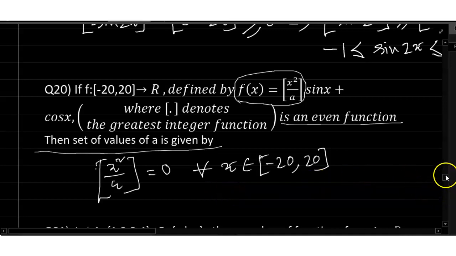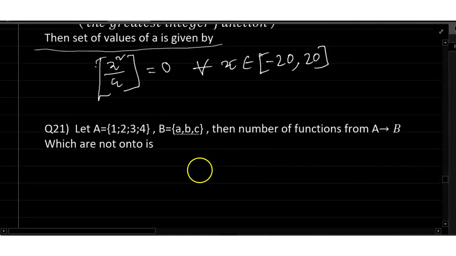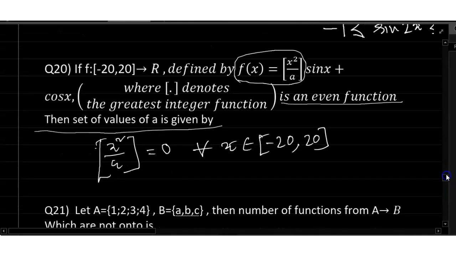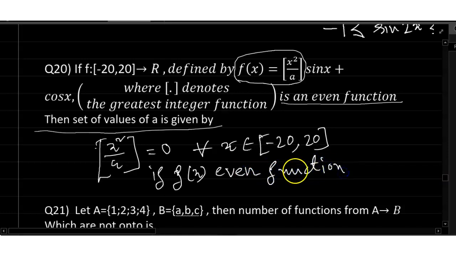So the possibility is if f(x) is an even function, then x square by a equals to 0.